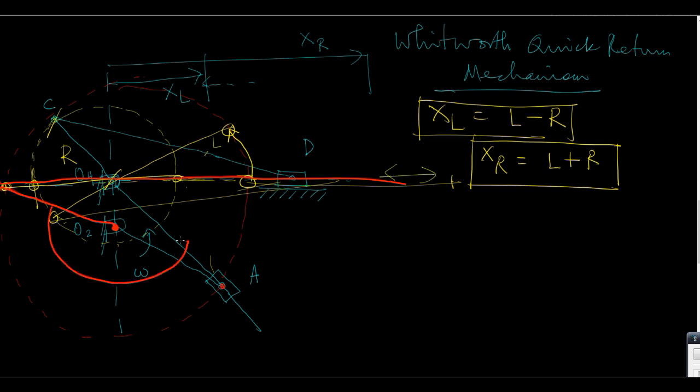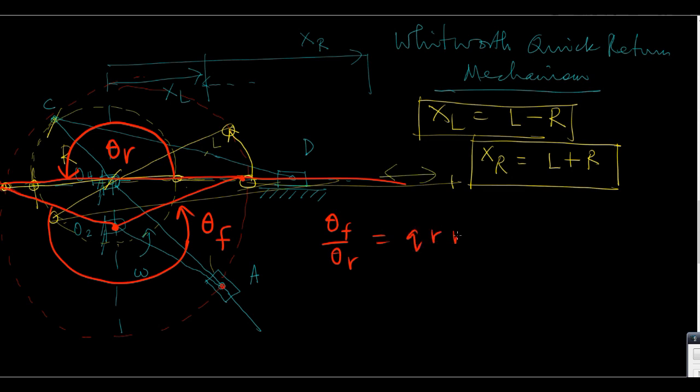All this way to here, this corresponds to the rightmost position. So this is theta F. And then from here to here, this part is the theta R, where it goes from the rightmost to the leftmost. Geometrically, we can now find this theta F over theta R is the quick return ratio.